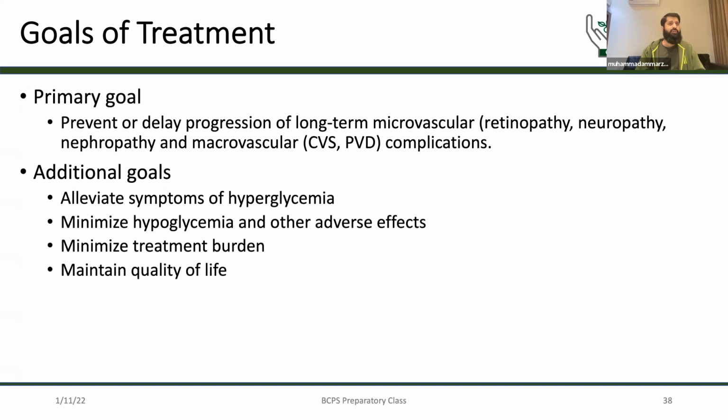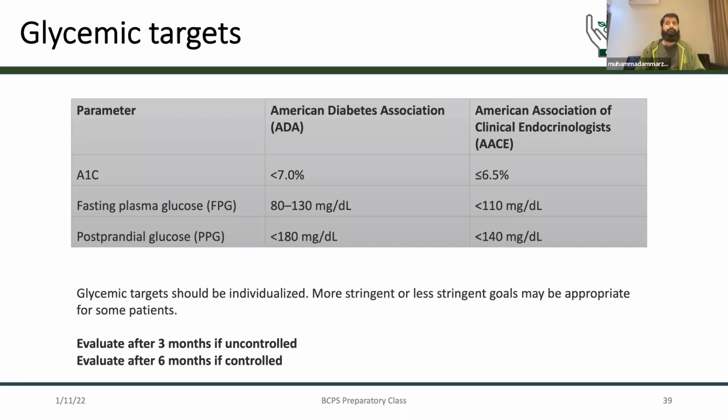Additional goals are to alleviate the symptoms of hyperglycemia, minimize hypoglycemia and other adverse effects, minimize treatment burden, and maintain the quality of life. So this chart is very important because you should be very clear about the glycemic targets in diabetic patients. So if you are treating a patient with diabetes, what should you aim for?